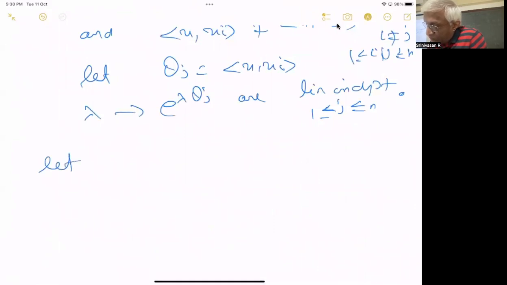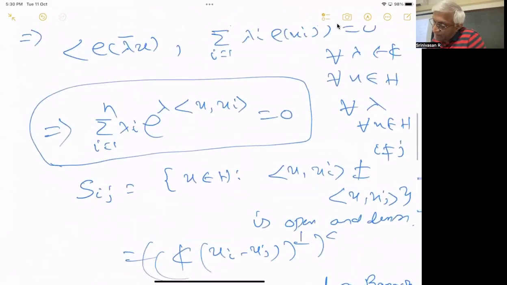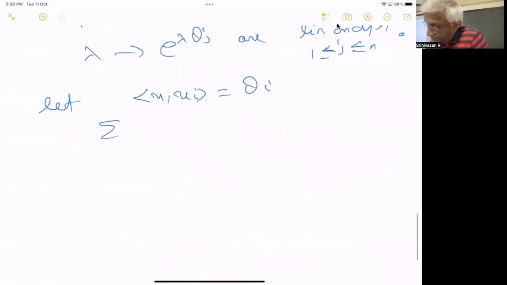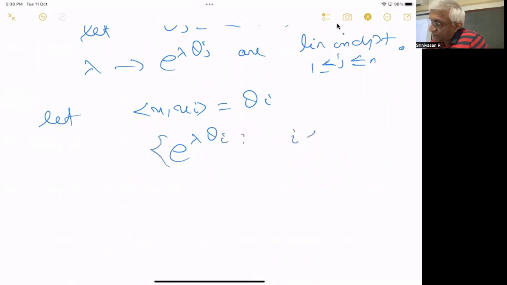So let u_i equal theta_i. Then the functions summation lambda theta_j, theta_i are linearly independent.